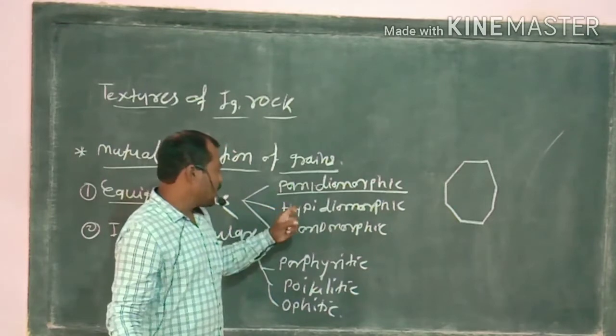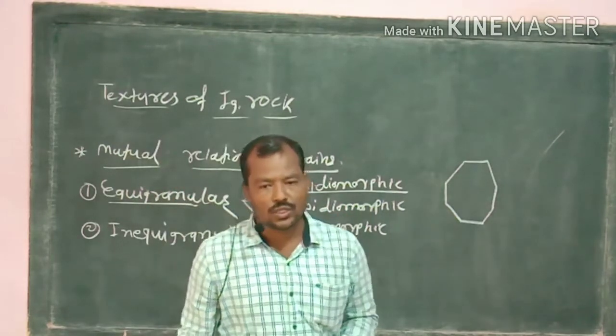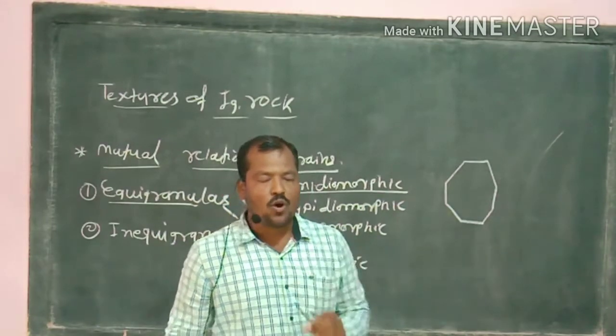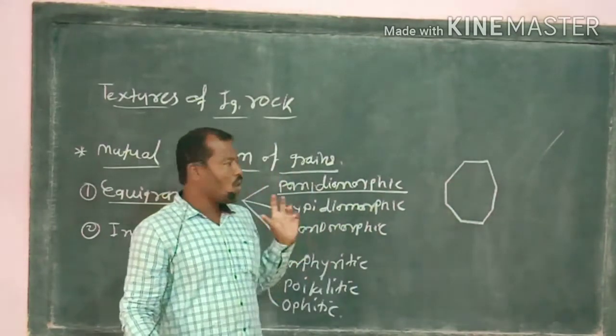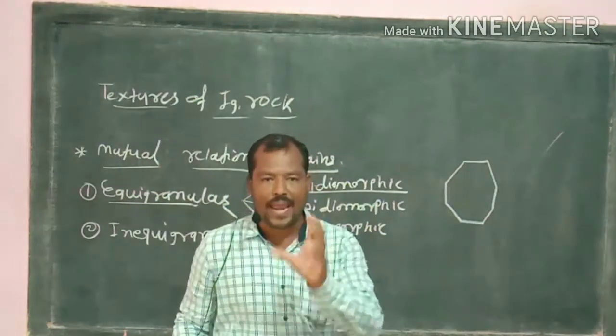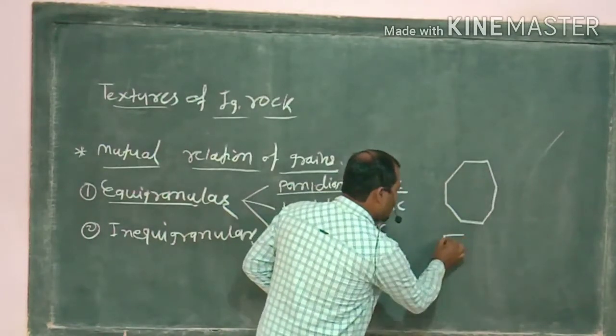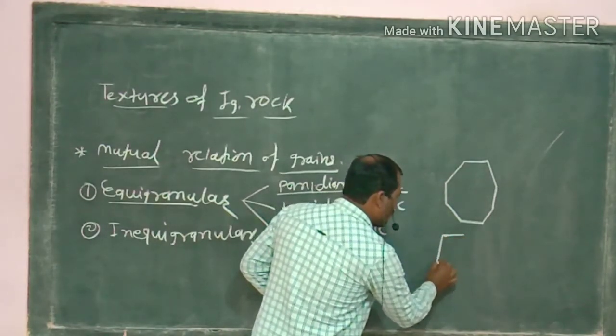And next one is the hypidiomorphic texture. In this texture, at the time of formation of mineral grains, all subhedral grains are packed. Means subhedral grains are embedded in a rock mass.